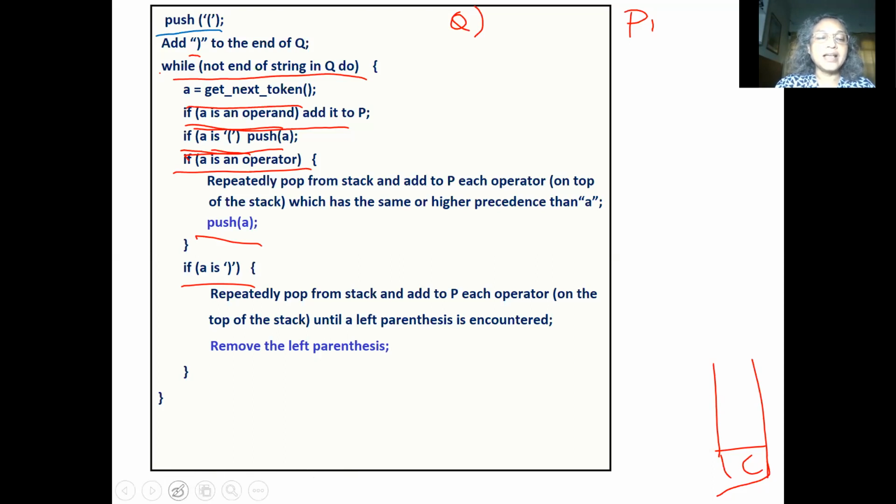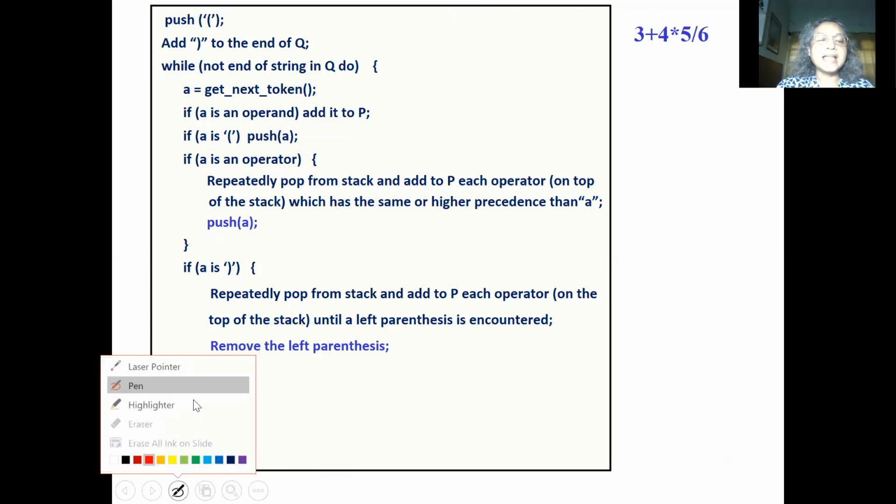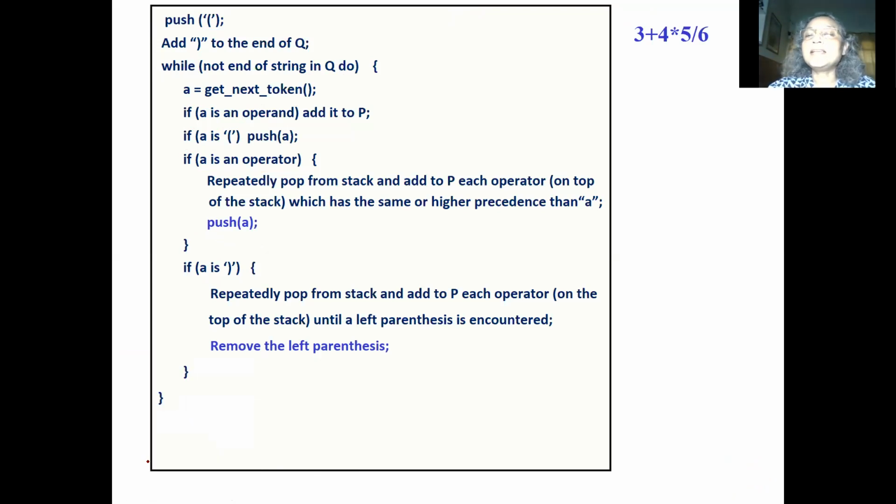We will check now how this works on a simple expression first. So let us look at this expression 3 plus 4 star 5 slash 6. So as you know, this is an infix expression, and if we look at the bracketed form, we scan from left to right.